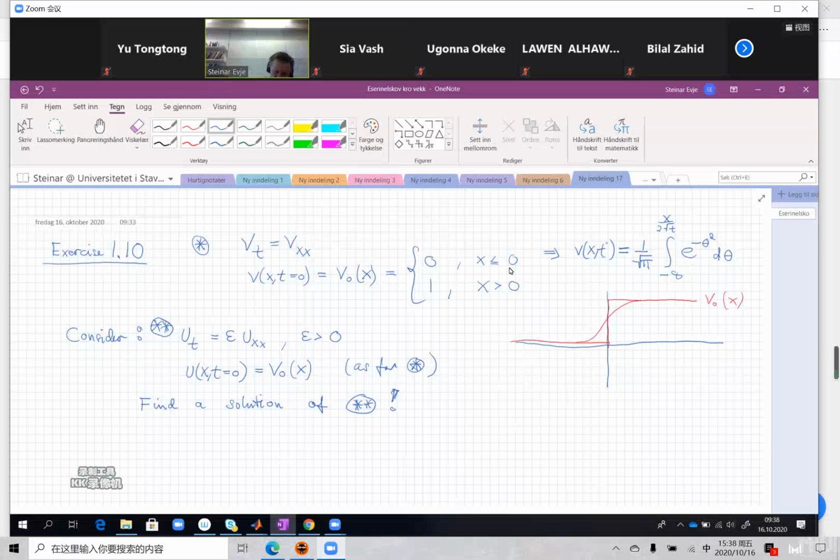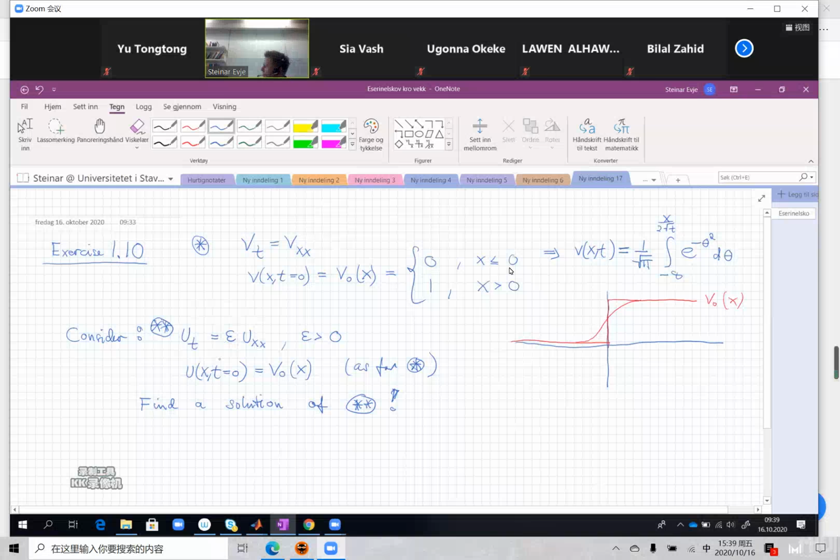Can we remove this epsilon, or transform this equation in such a way that this epsilon disappears?